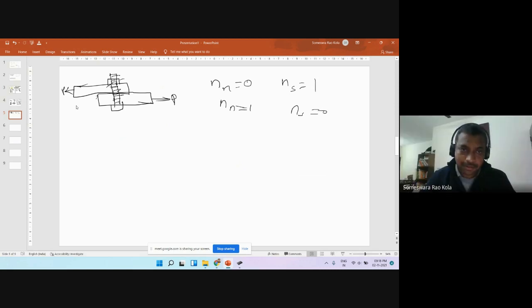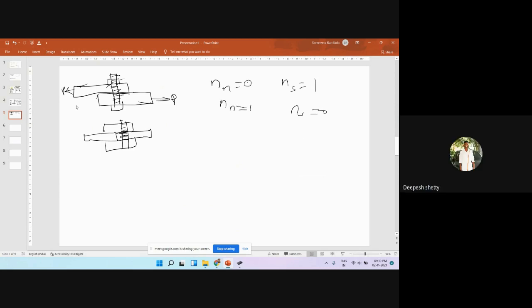Yes, perfectly. The previous example: when threads are placed up to half point of the shank, this plane will be through the thread, and this one will be through only the shank.